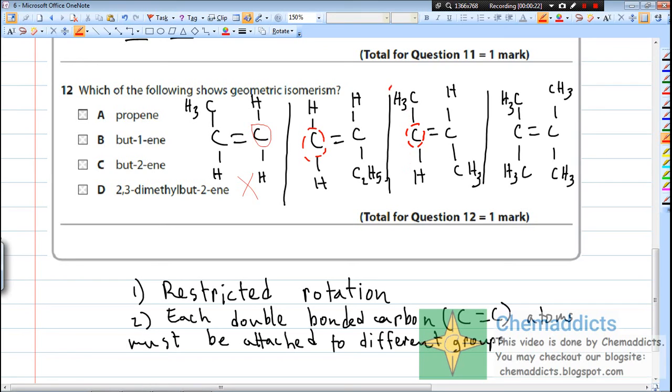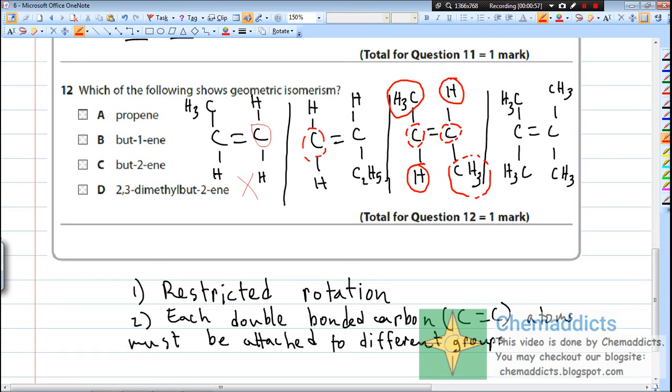One group is methyl and the other group is a hydrogen atom. If we move on to the next corresponding double bonded carbon atom, we see that this carbon atom is also attached to a hydrogen atom and a methyl group.